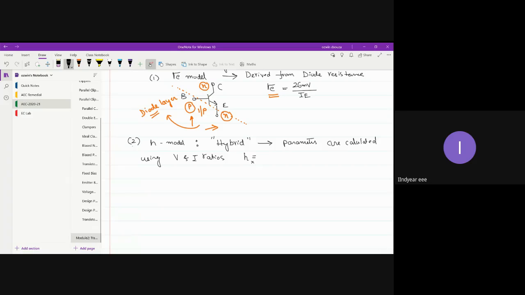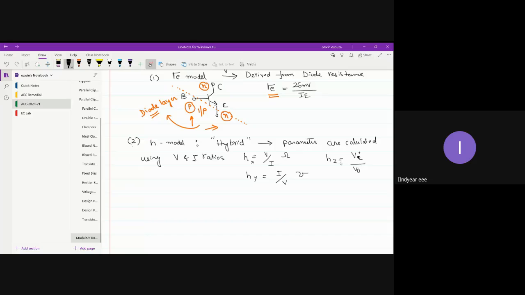So you may have some h parameter, let's say Hx. Don't worry about what Hx is. It may be calculated by taking the V by I ratio, so the unit becomes ohms. Then you may have some Hy parameter that can be found by taking the I by V ratio. That becomes Siemens. And you can also have some h parameter wherein we take only the voltage ratio, let's say input voltage to output voltage.